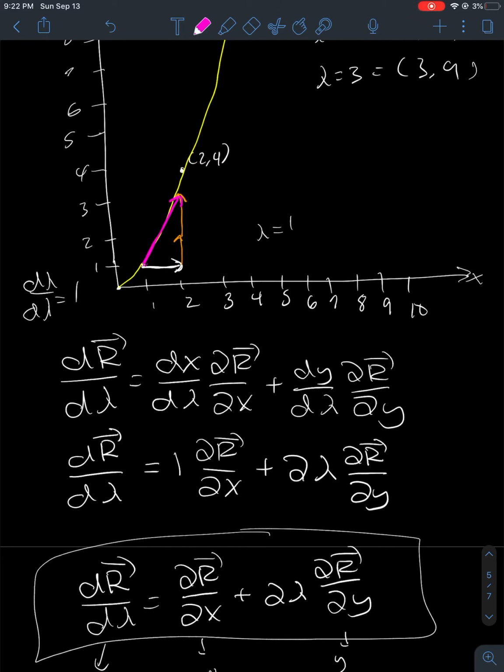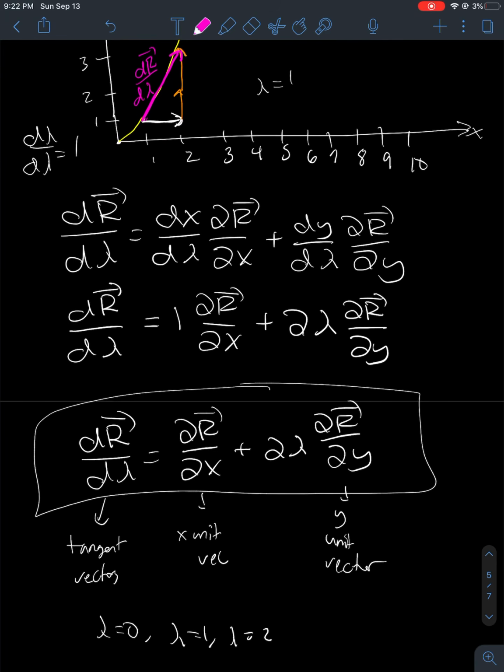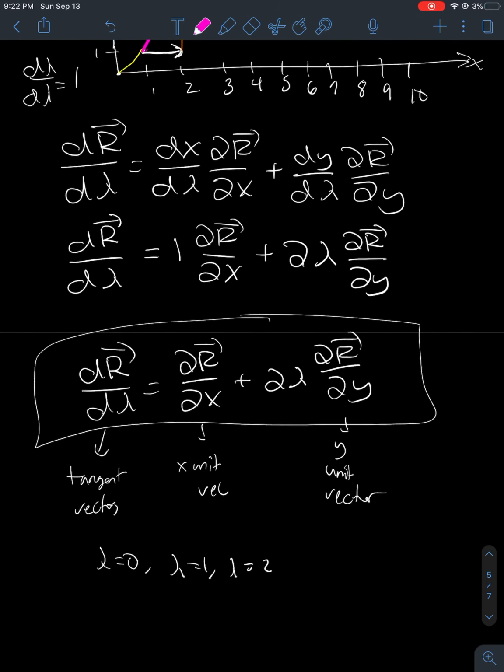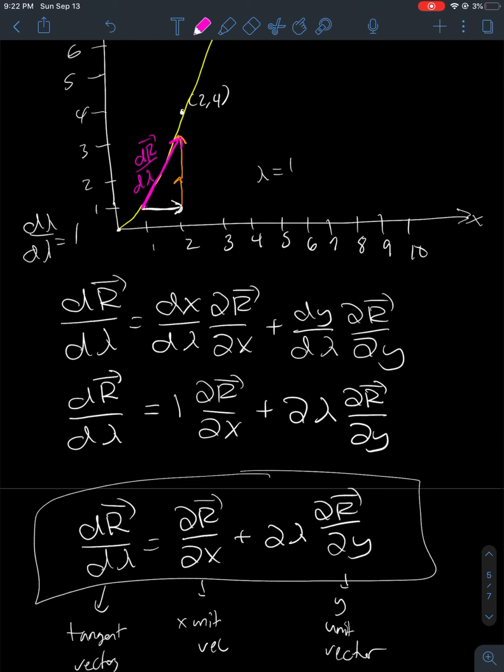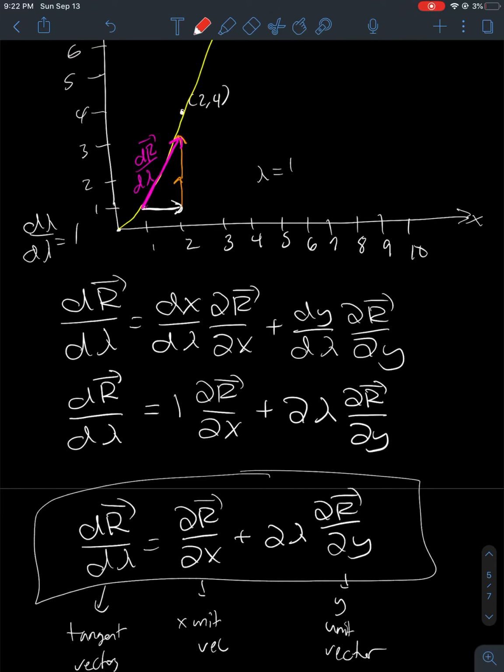Let me just draw that vector right there. That's dr over d lambda for that point. What about for the origin? For the origin, that's just going to be partial r over partial x. The tangent vector is going to look something like this.